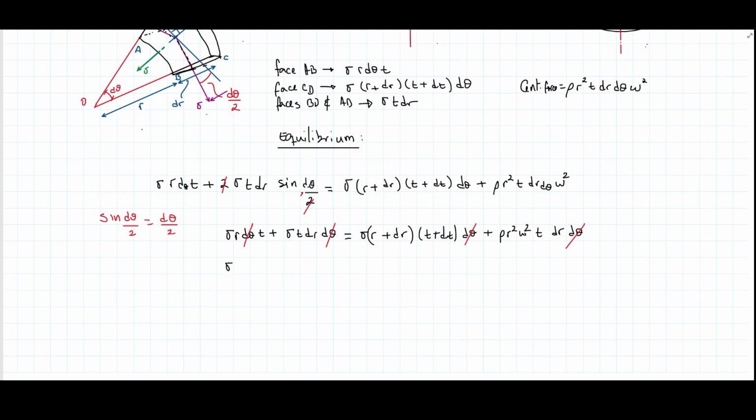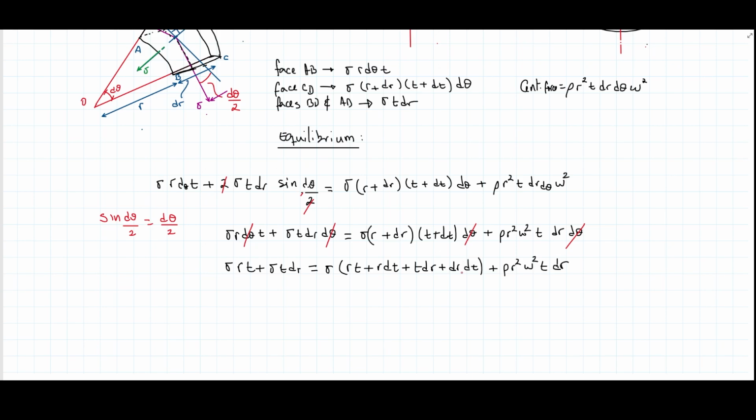So let's continue. I'm going to have this one here, and this one here. Sorry about this, I don't want to make this mistake. The r equal to, and let's get these together. So this is going to be this times this times this, or let's put this together to have some order: plus r dt plus t dr plus dr dt plus this term here.